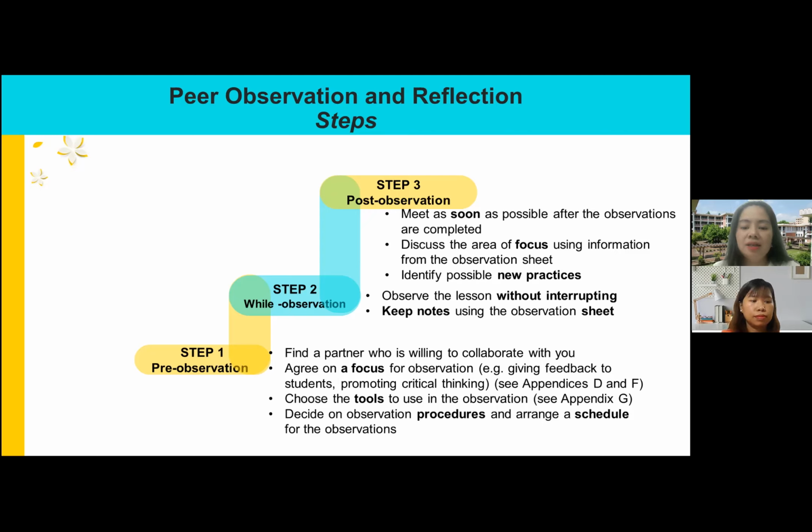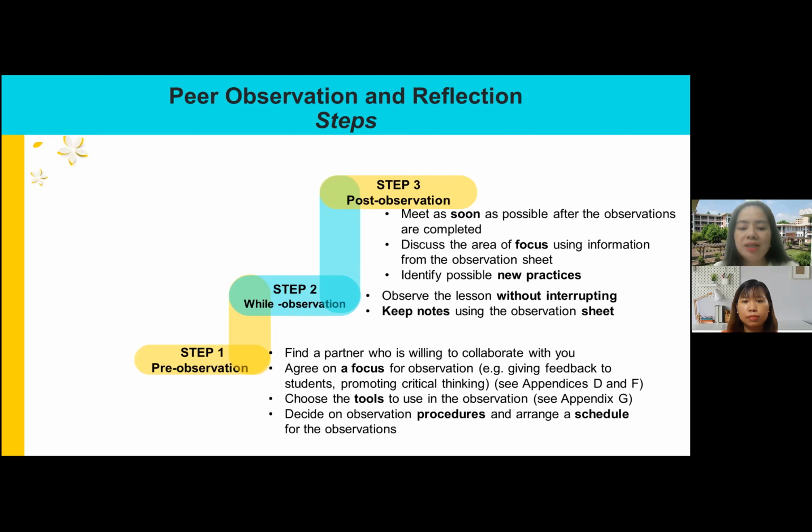And next, you choose the tools to use in the observation. Tools are very useful for you to have the expected outcome. And you also need to decide on the observation procedures and arrange a schedule for the observation.